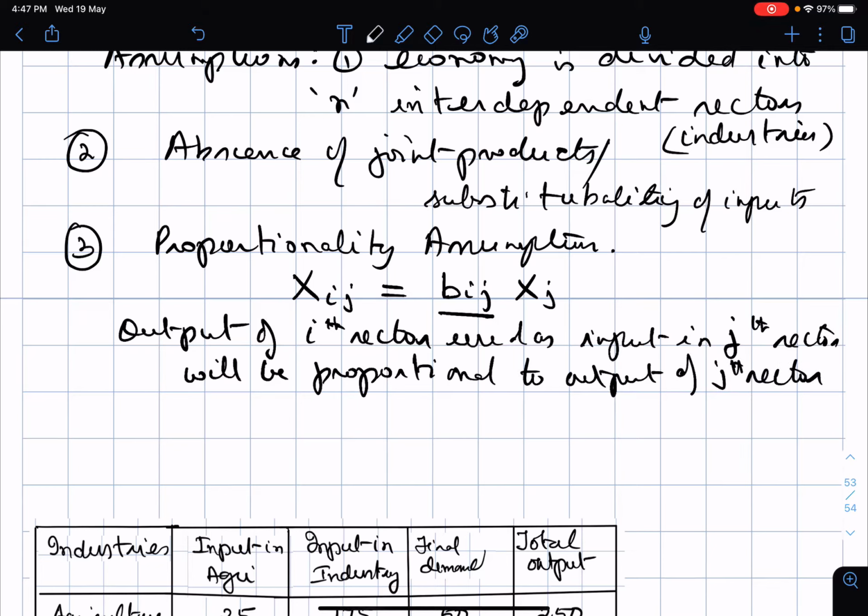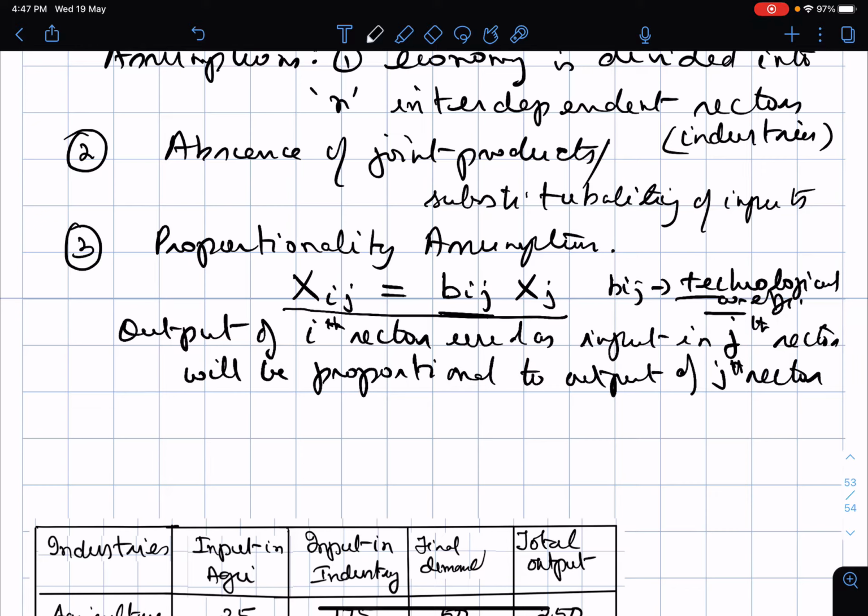This is the meaning of the formula Xij equal to Bij Xj. Here Bij is called the proportional coefficient or technological coefficient, or you can call it a structural coefficient, which is a fixed one.